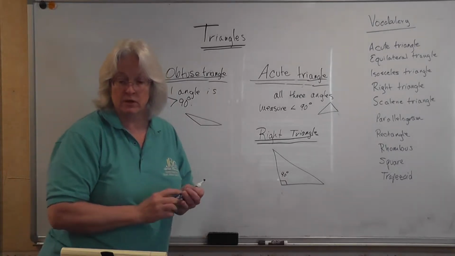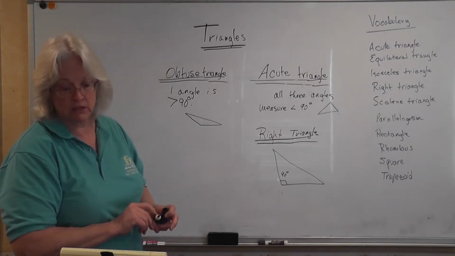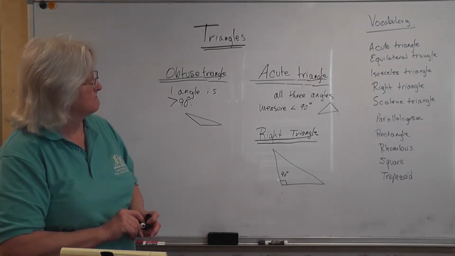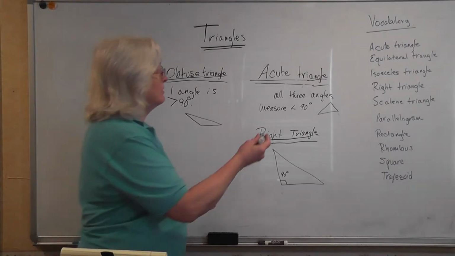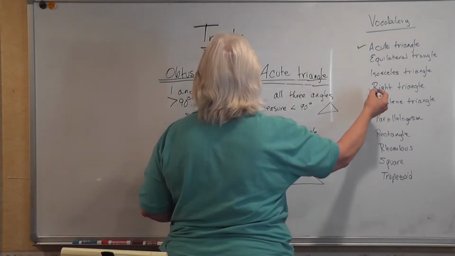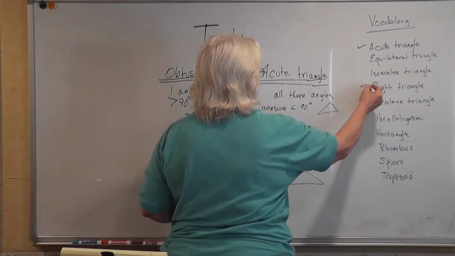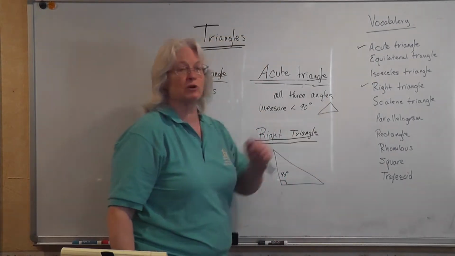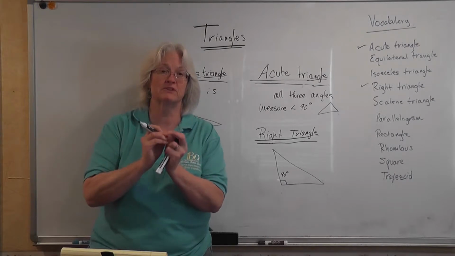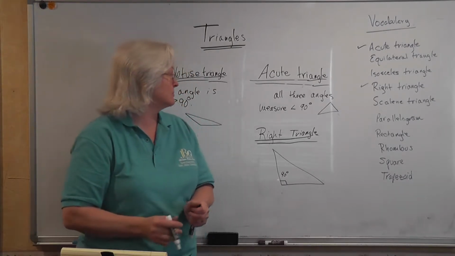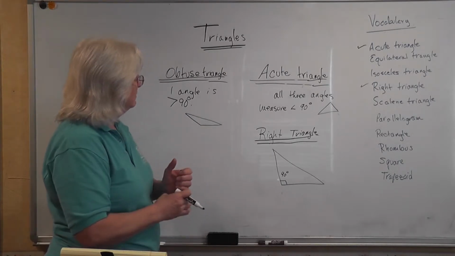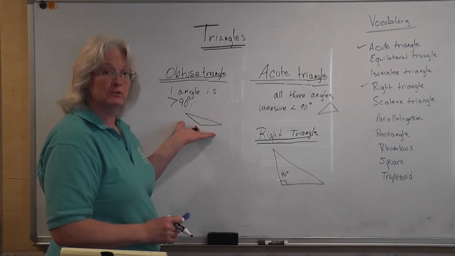The next one that we want to talk about is the scalene triangle. We've talked about an acute triangle. We've talked about a right triangle. A scalene triangle is a triangle that has no three angles the same. It doesn't even have two angles the same. An example of a scalene triangle, it could be obtuse.